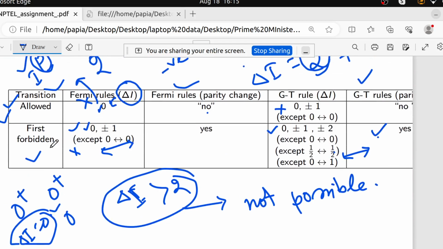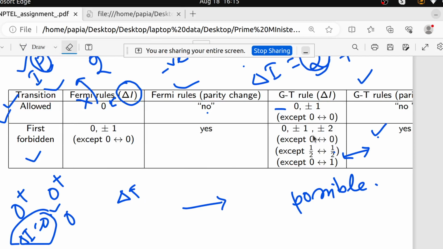Yes, so here there are so many things. Let me calculate, erase these things. So here it will be first forbidden and Fermi. Yes, and then first forbidden. Now you can also see that here delta I is 0 and parity yes, so this condition is also satisfied, right? But here they are saying 0 to 1 is an exception, except 0 to 1.